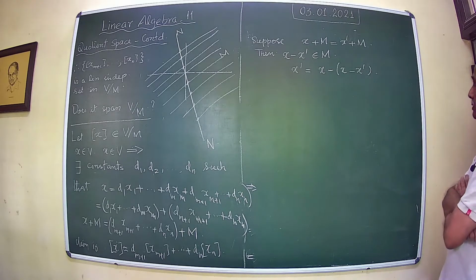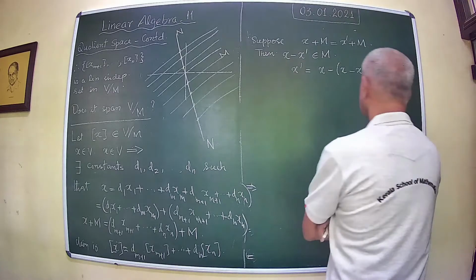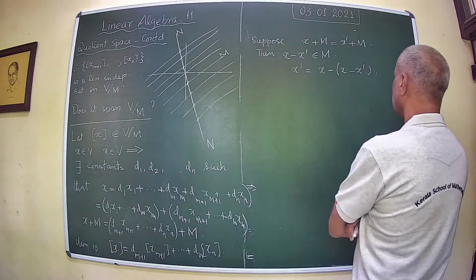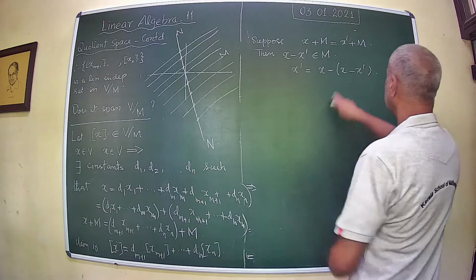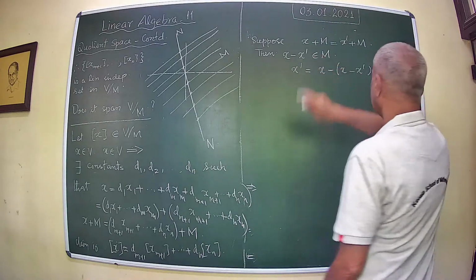That is, x minus x prime is an element of N.